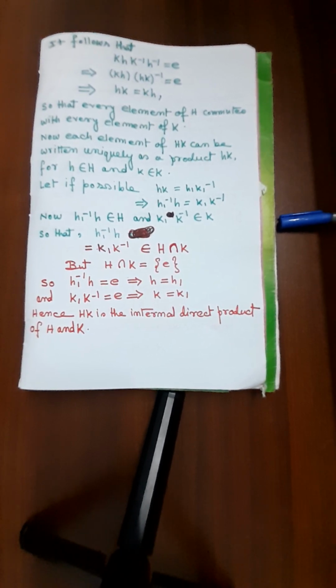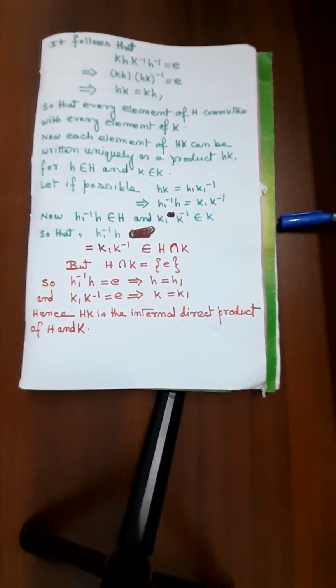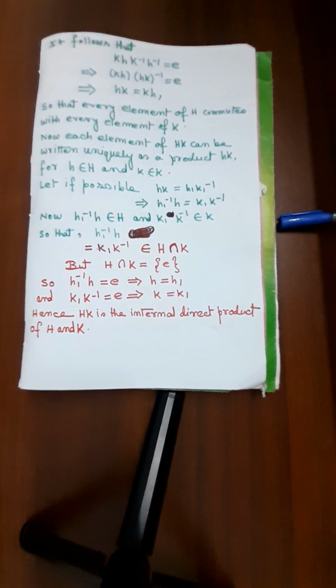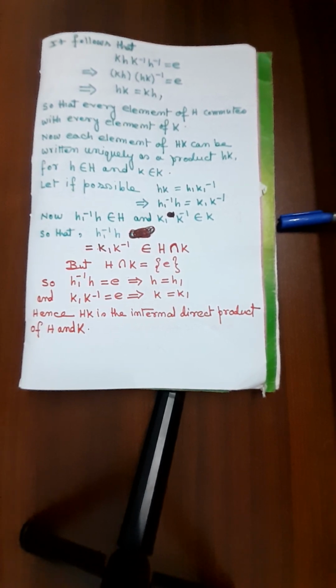Now h1 inverse h belongs to H, and k1 k inverse belongs to K, so h1 inverse h equals k1 k inverse belongs to the intersection of H and K, which is the identity element. So h1 inverse h equals identity, or h1 equals h, and k1 k inverse equals identity, that means k equals k1. Hence HK is the internal direct product of H and K.